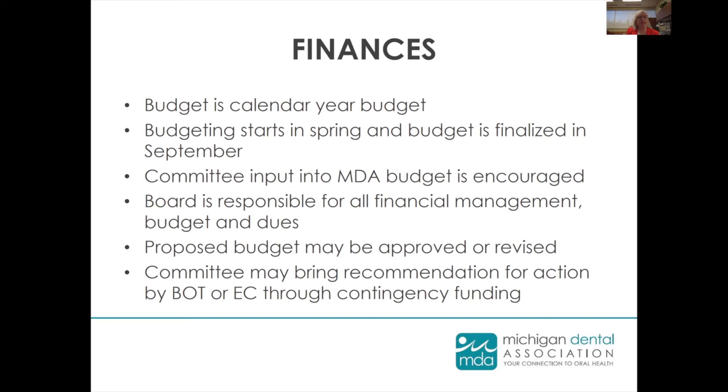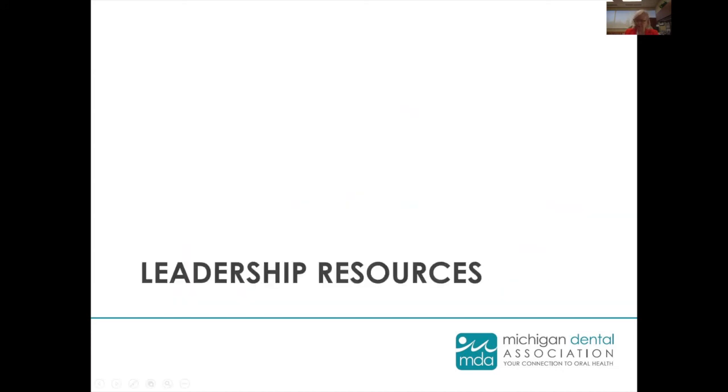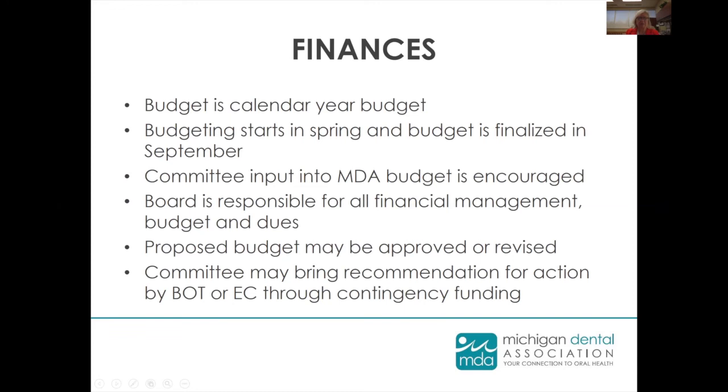We do a calendar year, membership year budget. So the 2018 budget started January 1st of this year and goes through December 31st of 2018. Committee input into the budget is completely encouraged, and as you know from what I said earlier, the board is responsible for all financial management. The proposed budget as it comes forward might be approved as put forward or revised.